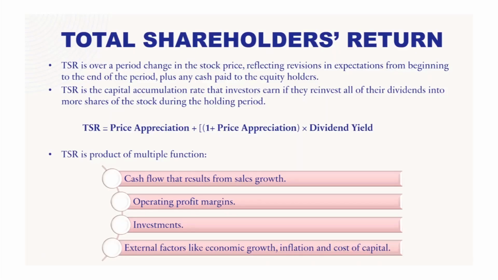Now, the concept of total shareholders return. We will try to understand the conceptual thing about shareholders return. The point is the total shareholder return is, over a period, the change in the stock price.